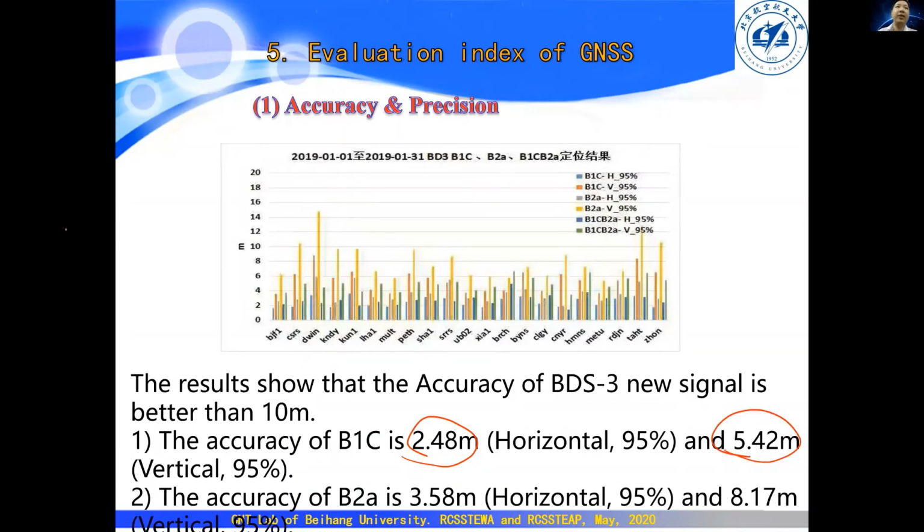And for another frequency, B2A, it is 3 meters horizontally, as well as 8 meters vertically. This is the average result for stations all over the world in 2000. And nowadays you can find higher accuracy compared to this result.